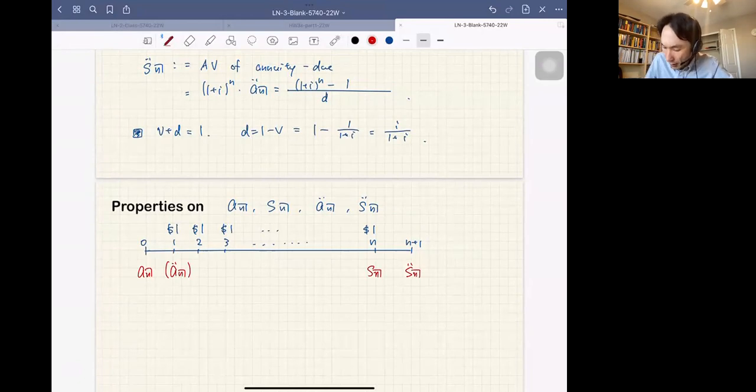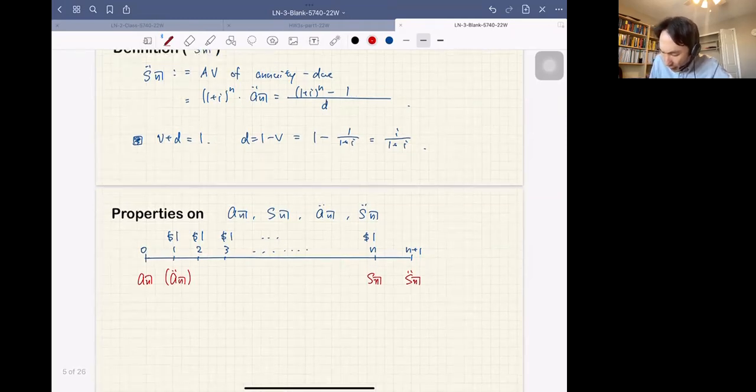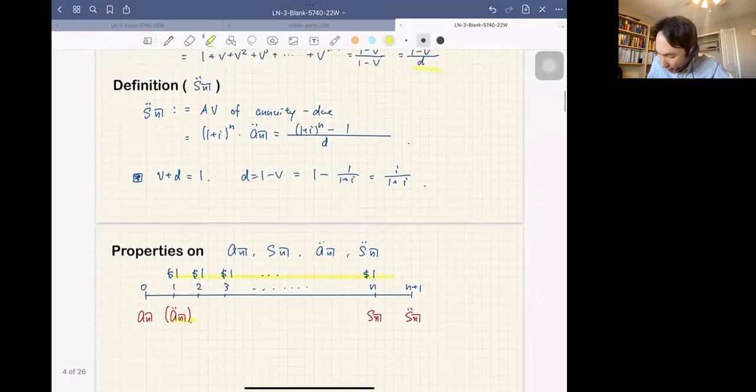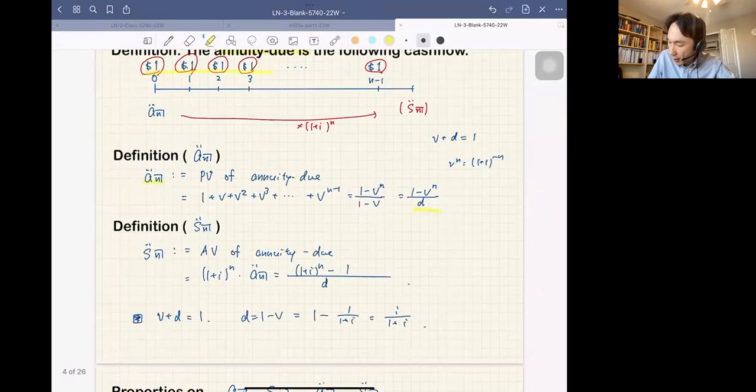So you can see that if a right angle n is at time 0 and the $1 is at time 1 to n, so this a right angle n is the present value of annuity immediate. But if we put this cash flow at t is equal to 1, this becomes annuity due, because you can see that the relationship between this and this is the same as the previous slide, just shifted by 1 year. So we start at 0 and end at n minus 1 in the last slide, and we evaluate a double dot right angle n at time 0.